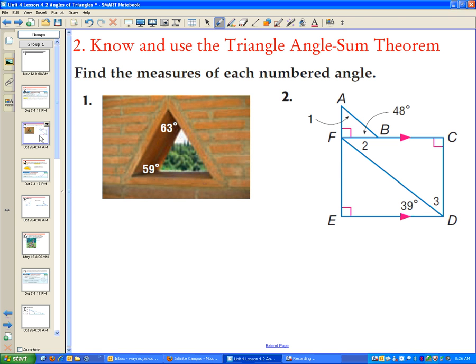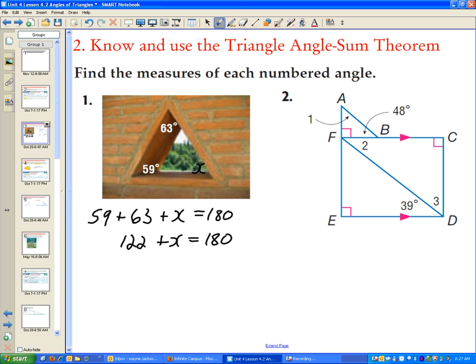But here's the way it works out algebraically, right? The measure of that angle plus the measure of the next plus, and then call the missing one x, plus the measure of that last one equals 180. But whether you're writing it down or just doing it in your head, aren't you going to add the 59 and the 63? And what do you get when you add 59 and 63? 122.